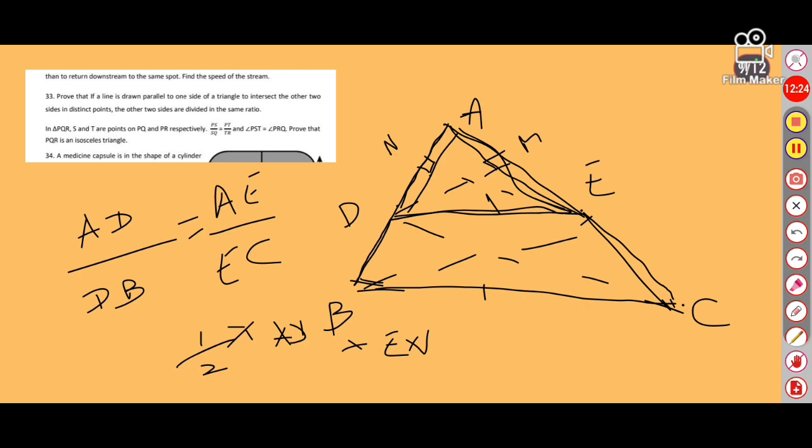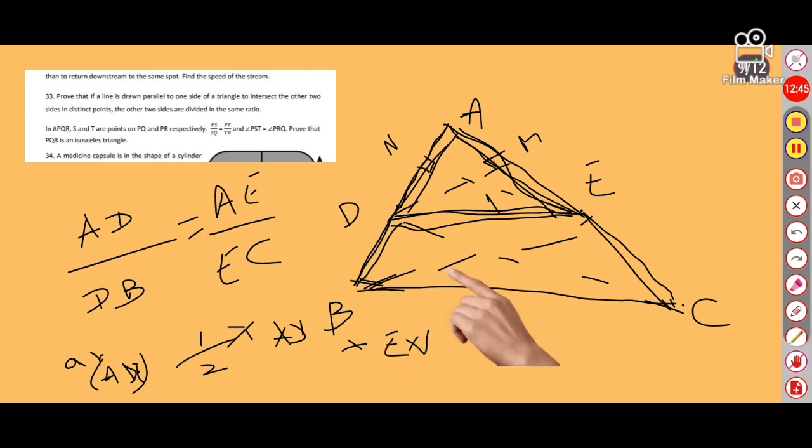So area, that is ar of ADE, this top triangle, is half into AD into EN.